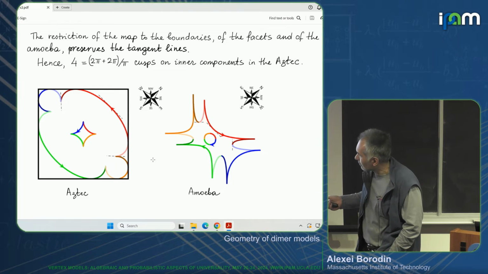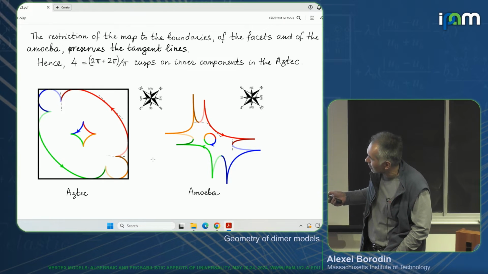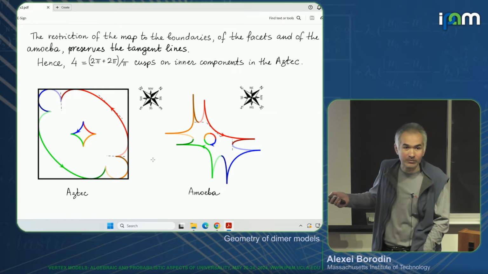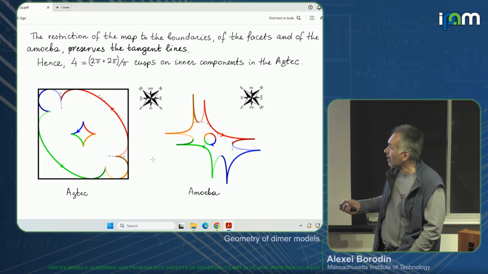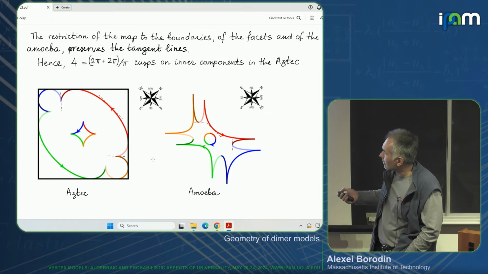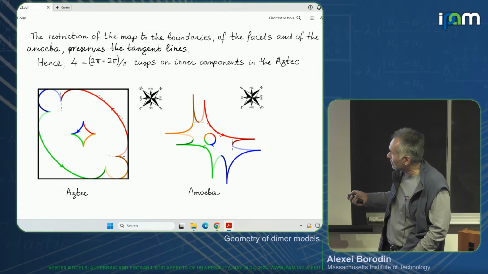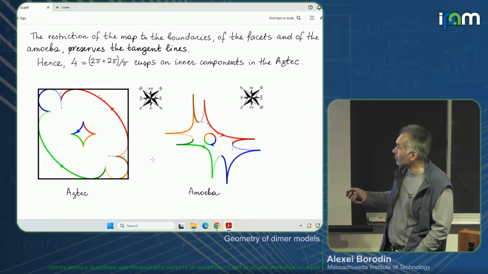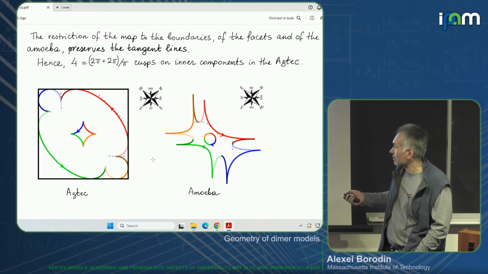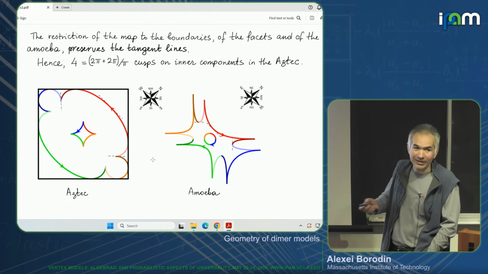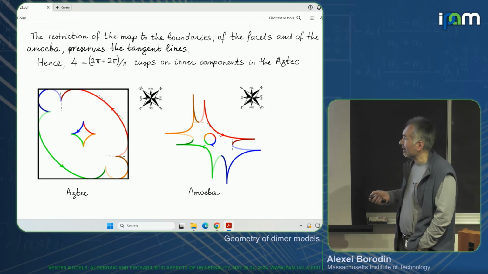So, if you go around this outside region on the Aztec, so this is the Aztec here, right? So this is just the curves that bound the cows from non-cows. And so if you go along the boundary here, it's like you're going along the boundary on the amoeba, except you're going in the opposite direction. But the direction of the tangent line stays the same. So this is color-coded to reflect that fact.